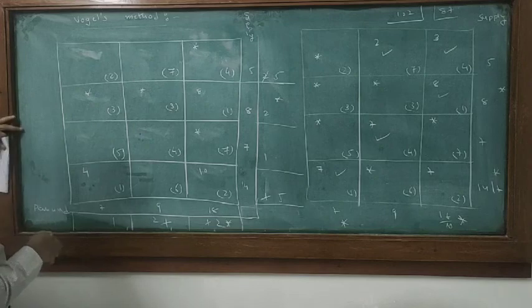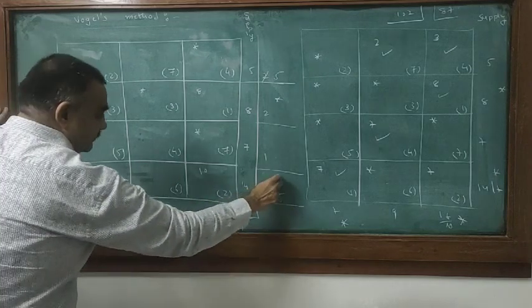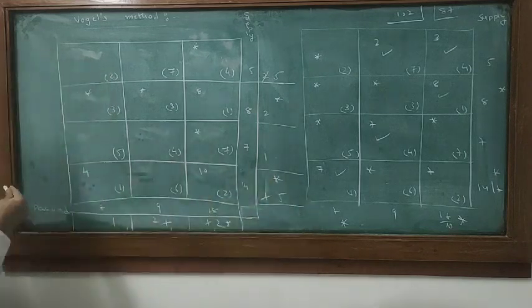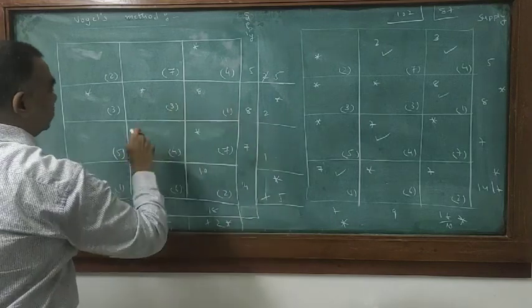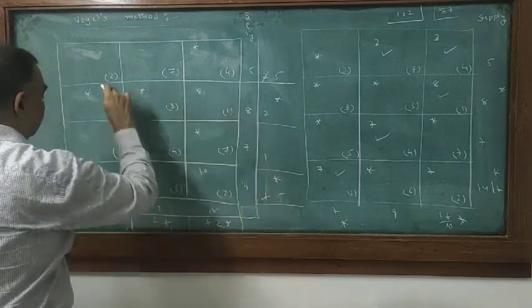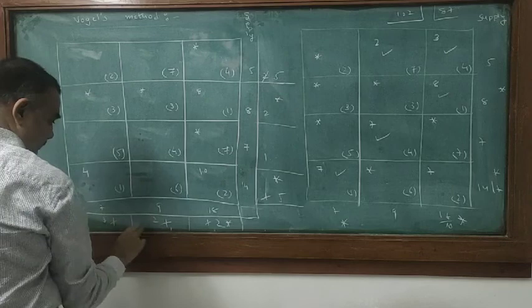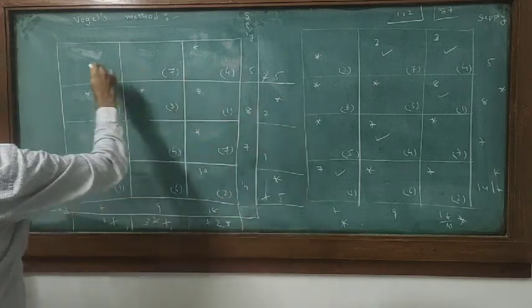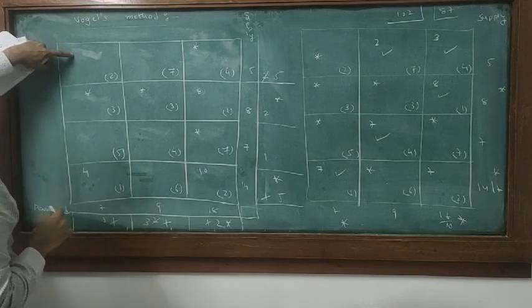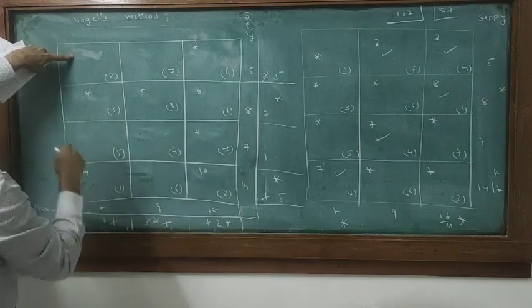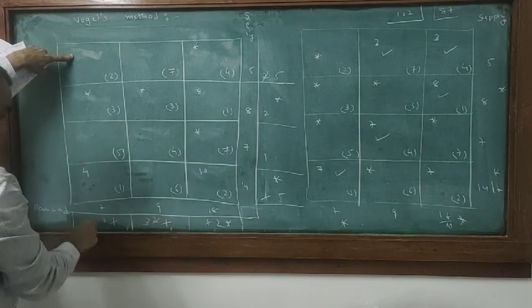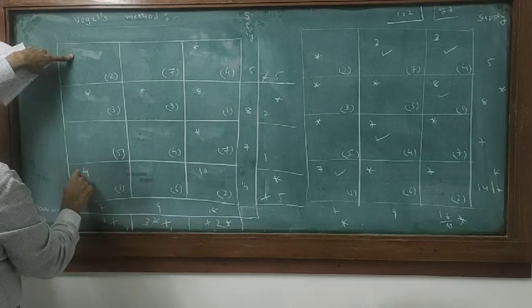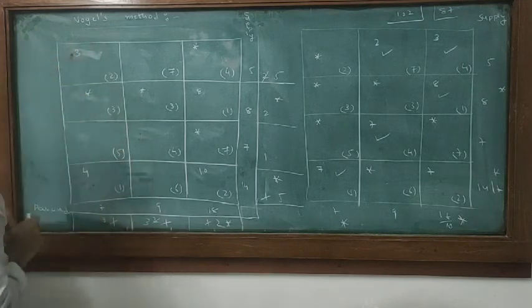And therefore, among the remaining, this is 5, this is 1, this is 3, and this is 3. So at 5 I can give, how much can I give? 4 was given, so I can give at most 3.